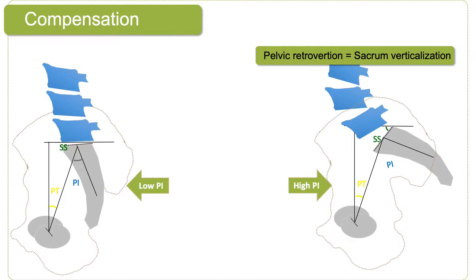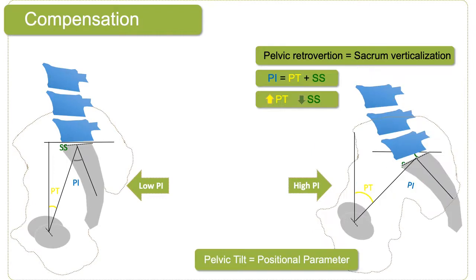This movement can be forward, that is anteversion, or backwards, called retroversion. A patient with a high pelvic incidence has a greater potential for pelvic retroversion. The pelvic tilt angle will increase and the sacral slope decrease. The higher the value of the pelvic incidence, the greater the retroversion can be.